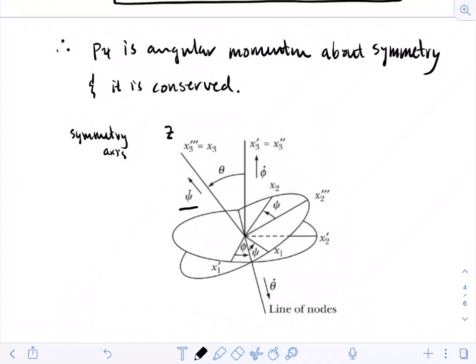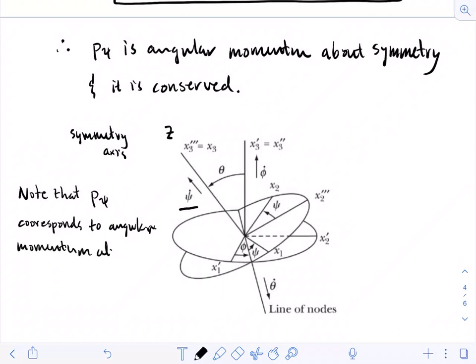So note that p psi corresponds to the angular momentum along the axis that psi dot points.